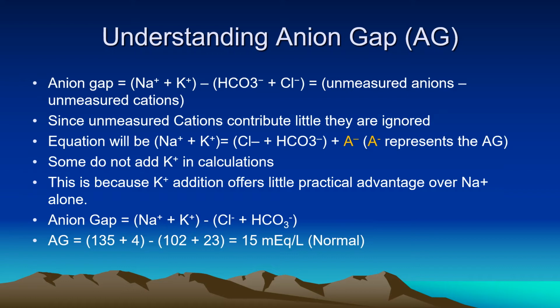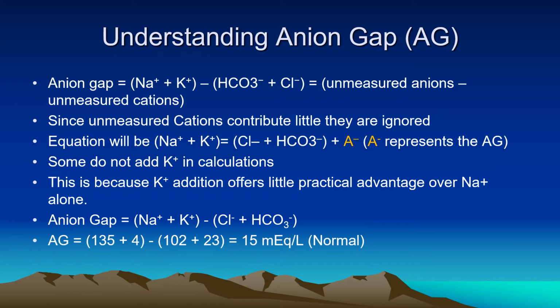Since unmeasured cations contribute very little, they are often ignored in the calculation. Therefore, anion gap means unmeasured anions only. We can also represent this equation as: sodium plus potassium is equal to chloride plus bicarbonate plus the unmeasured anions, which is represented as A minus.